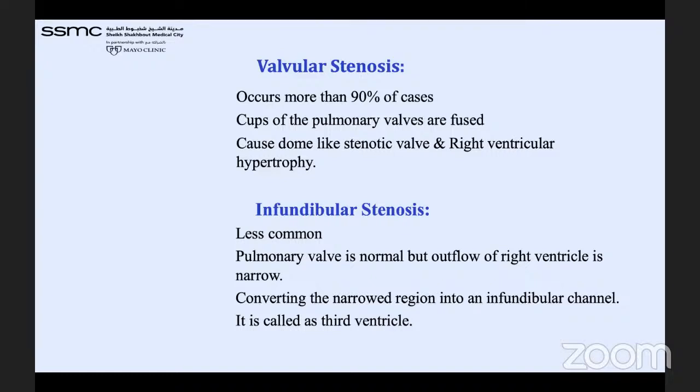Cusps of the pulmonary valve are fused. It's a dome shape, like a stenotic valve, and right ventricular hypertrophy is caused by that. Infundibular stenosis is less common, the pulmonary valve is normal, but the outflow of the right ventricle is narrow. I will show you in a figure.